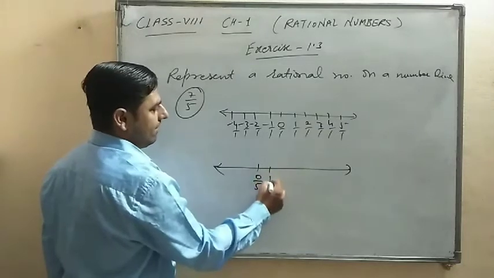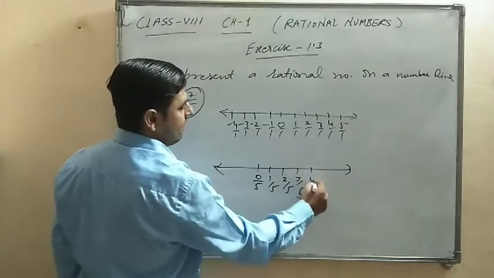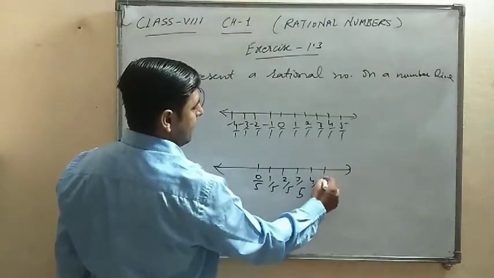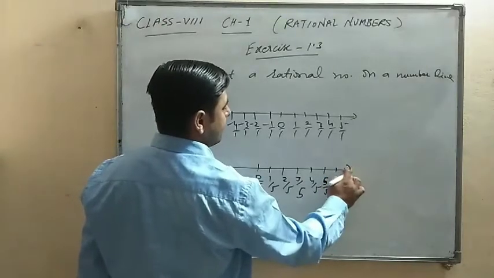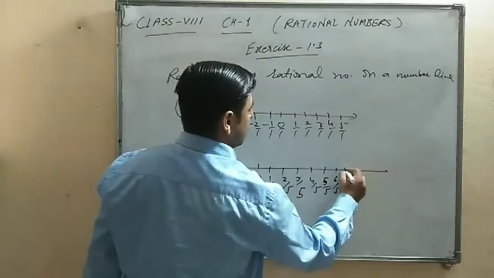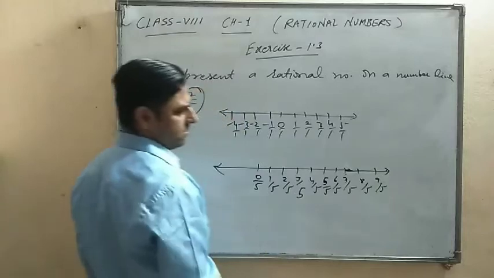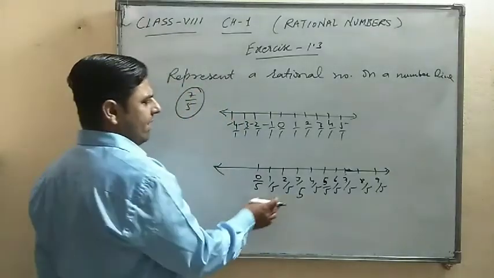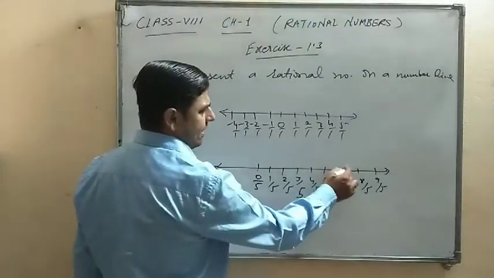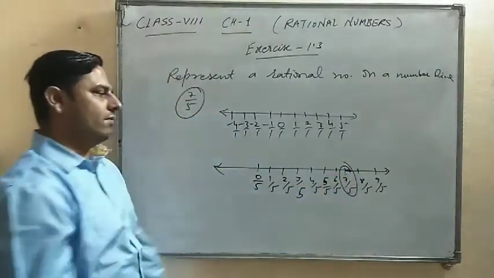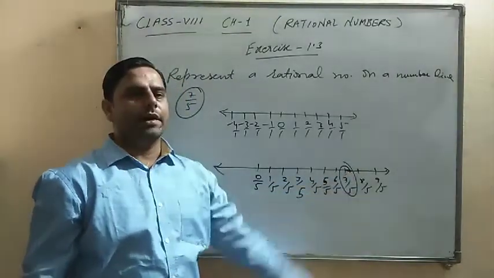So 0 upon 5, 1 upon 5, 2 upon 5, 3 upon 5, 4 upon 5, 5 upon 5, 6 upon 5, 7 upon 5, 8 upon 5, 9 upon 5, and so on. So now if you make denominators the same, then it is easy to plot the numbers on a number line. So here 7 upon 5 you have to plot on a number line.